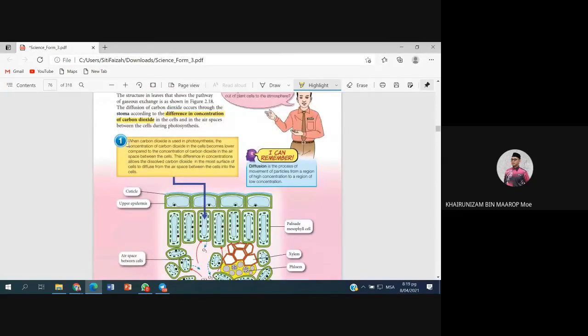Okay, number one, look. When carbon dioxide is used in photosynthesis, the concentration of carbon dioxide in the cells becomes lower compared to the concentration of carbon dioxide in the airspace between the cells. I highlight this one.